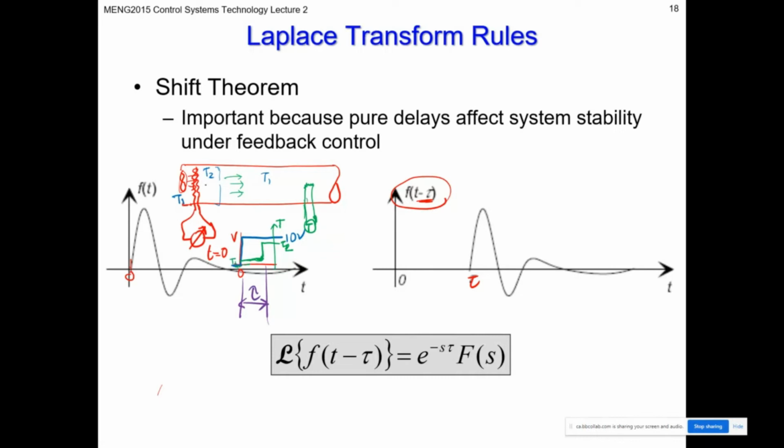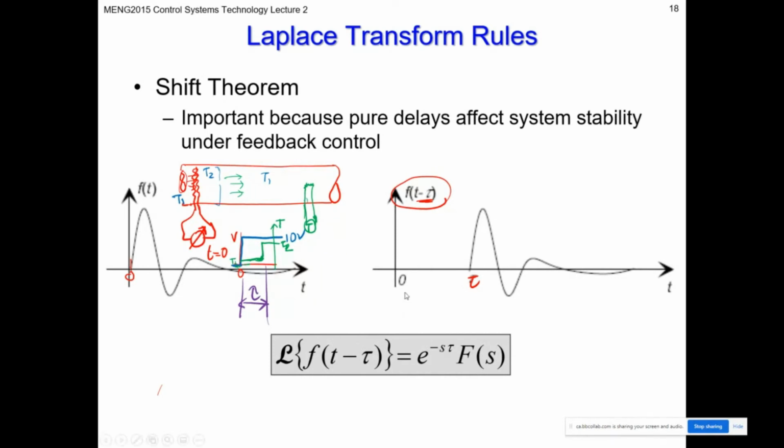Therefore, immediately the air in the pipe that was passing by the heater stepped up from temperature T1 to T2, but because the sensor is in a different place, down the pipe, it took a while for this air to move, to transport down to this sensor. So the measured temperature took a while to change, right? And the time it took is actually tau. That's how long it took this air to move from the heater to the sensor.